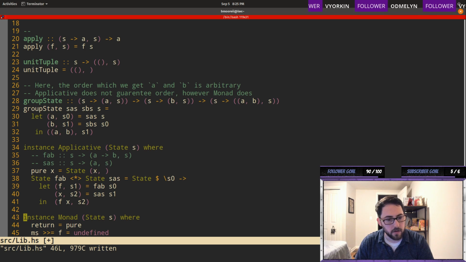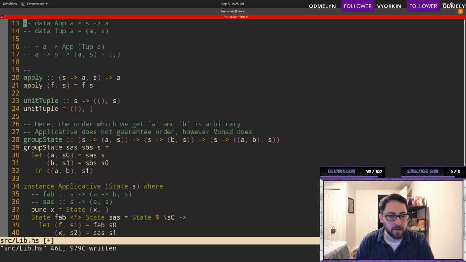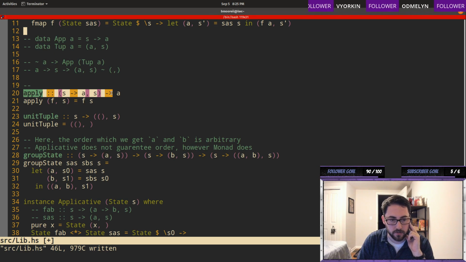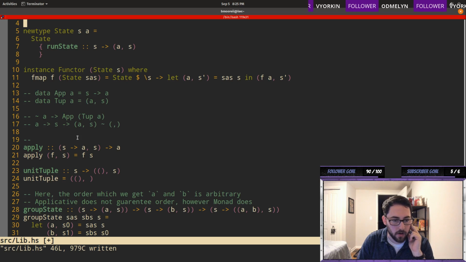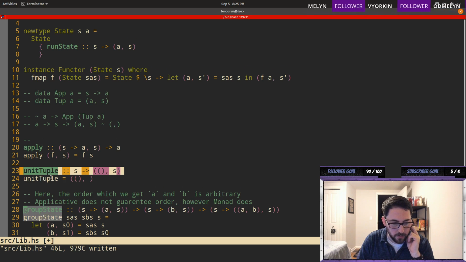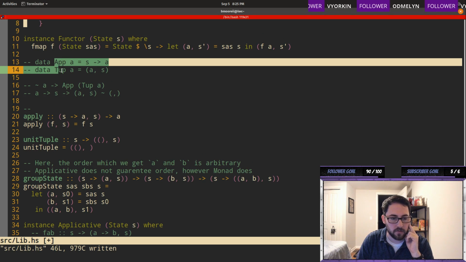World's Ender had brought up that there's not a lot to read, basically, not yet anyway. So World's Ender pointed out that you can actually take the following functions, also the tuple operator, and this function and this unit tuple and group state with the following data constructors.